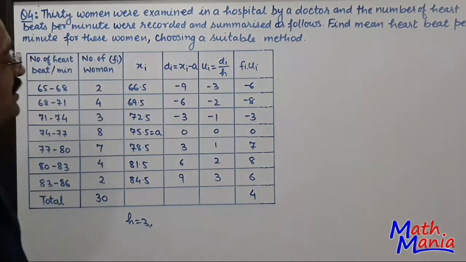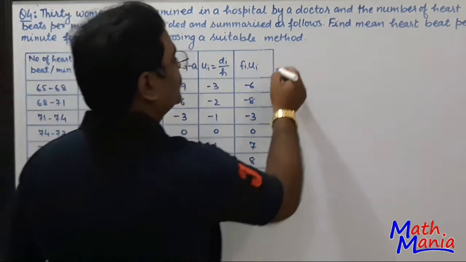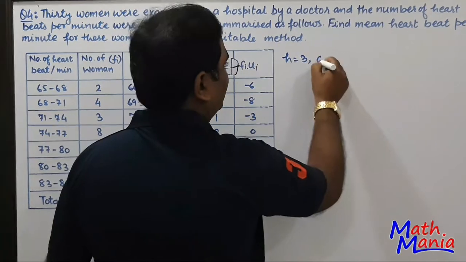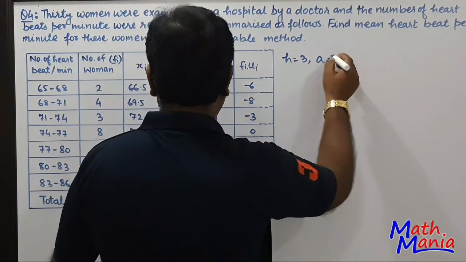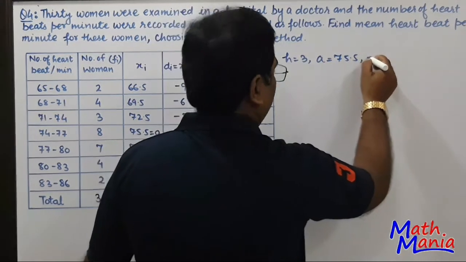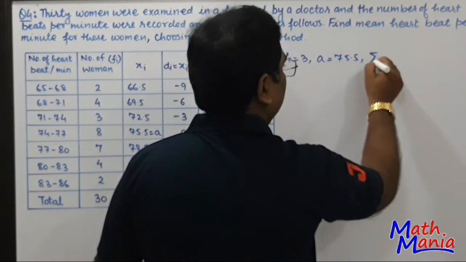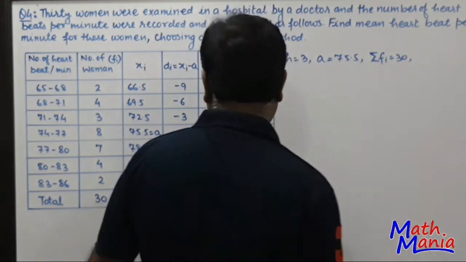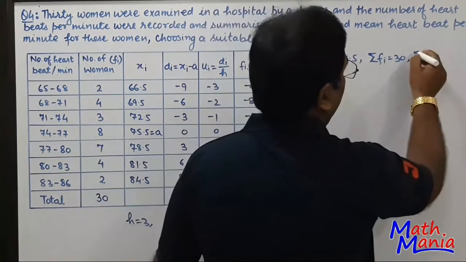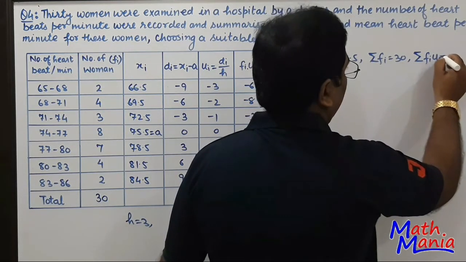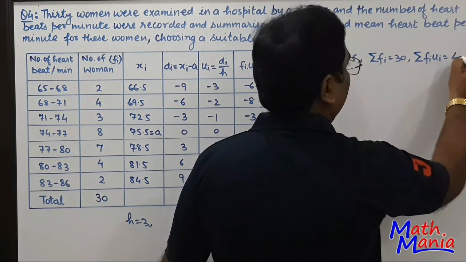Right, friends? So now write down all the information. h is equal to 3, which you have taken, a is equal to 75.5, sigma fi is equal to 30, and sigma fi ui is equal to 4.